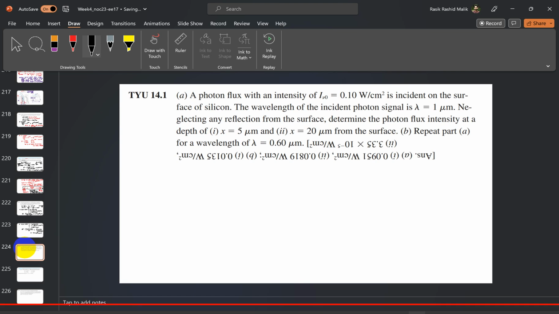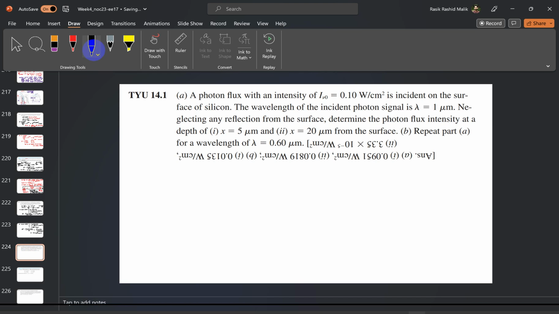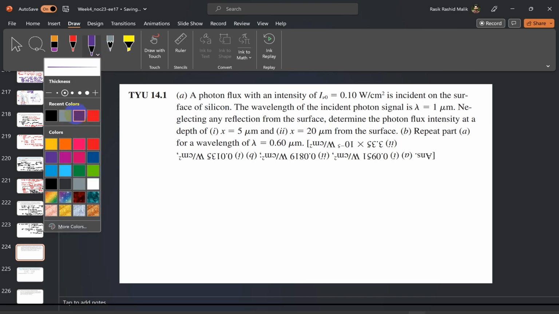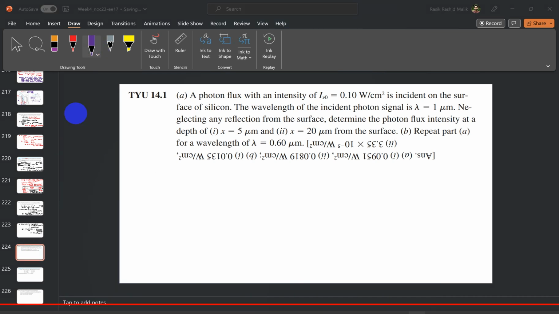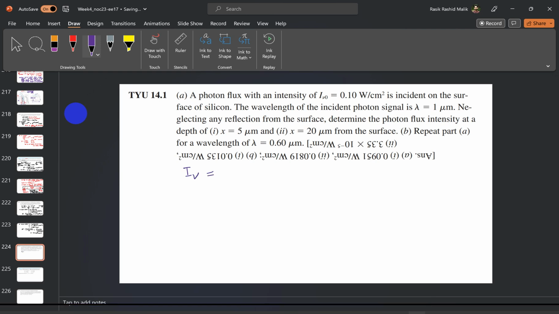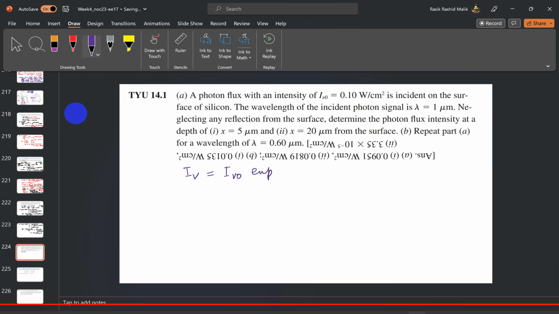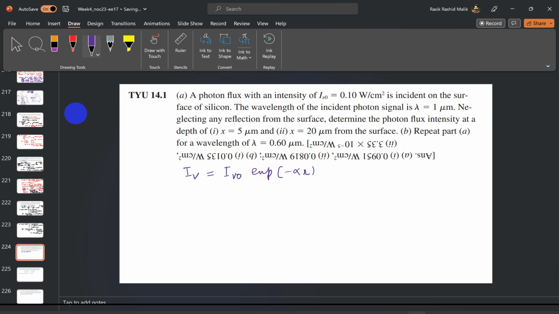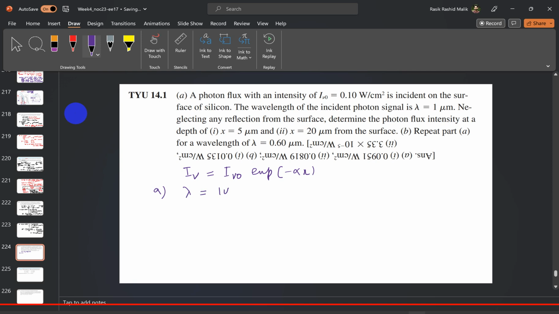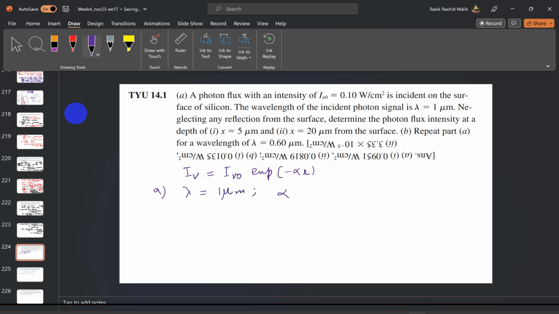Okay, so if we start calculating, we know that the IV at any x is equal to IV at 0 exponential of minus alpha x. And if we go to the first part of the question, where lambda is equal to 1 micrometer, we know the absorption coefficient for silicon corresponding to 1 micrometer is 10 to the power 2 per centimeter.